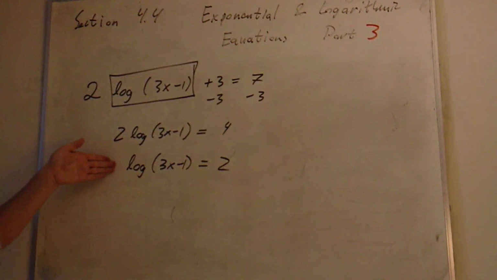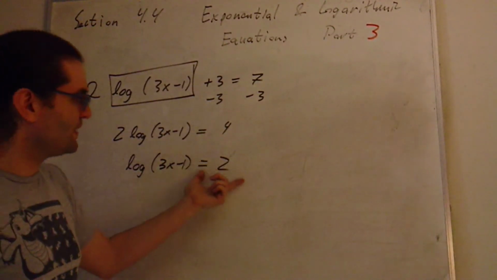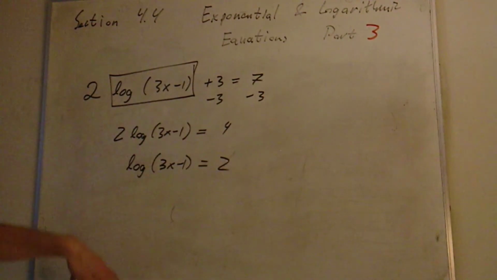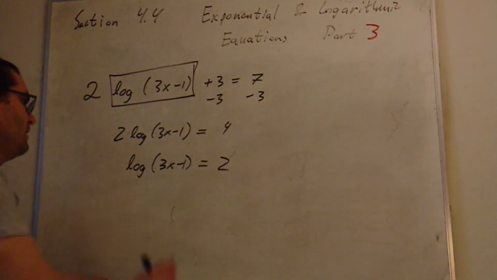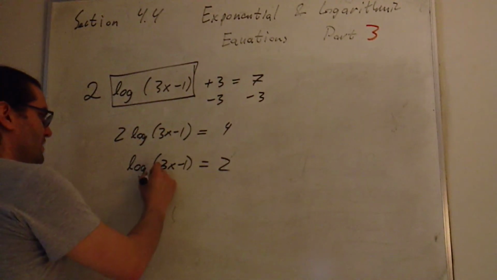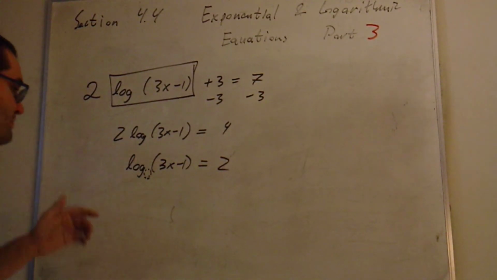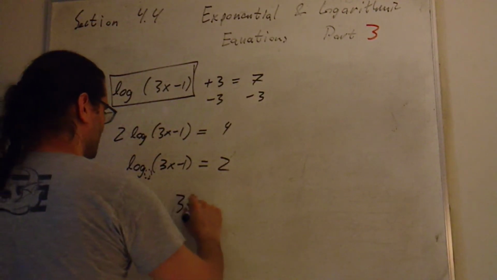Now we are in our familiar territory where we just have an isolated log equals a number, and we can use our trick to transform this into a linear equation that solves itself pretty nicely. If there's no number here, the default is log base 10. So this means 10 squared equals 3x minus 1.